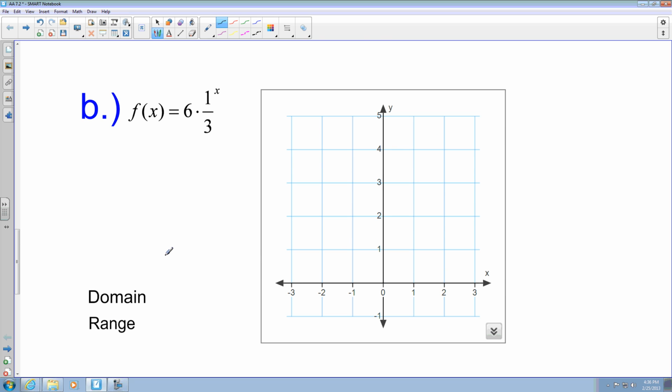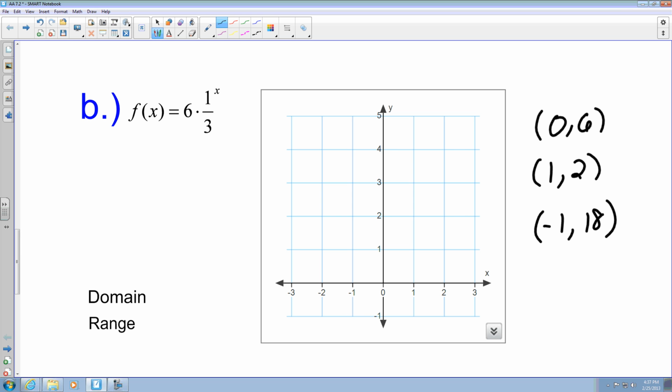Now look at example B. I have 0 comma a, which is 6. The next one would be 1 comma a times b, so that would end up making it 2. And then the next one would be negative 1, so it would be 6 times 1 over 1/3, which would make it 3, so 6 times 3 would be 18.